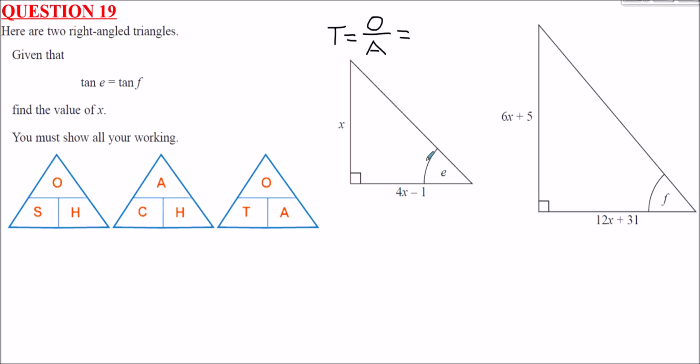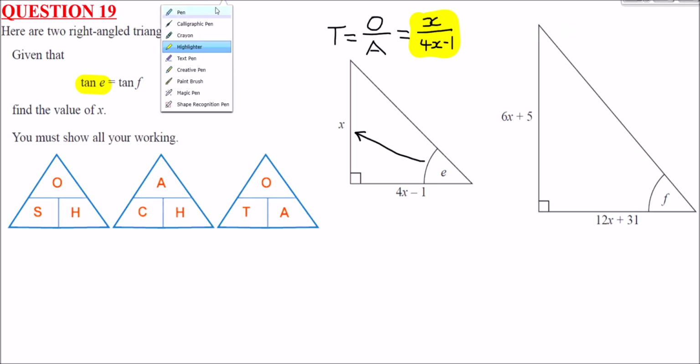So the opposite side is x, the adjacent side is 4x minus 1. And so for this one, tan E equals x divided by 4x minus 1.